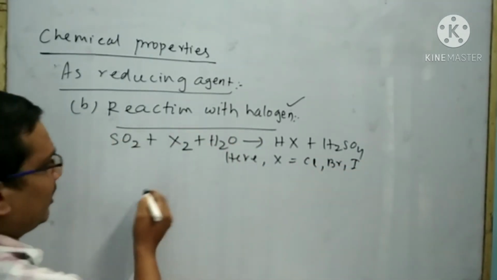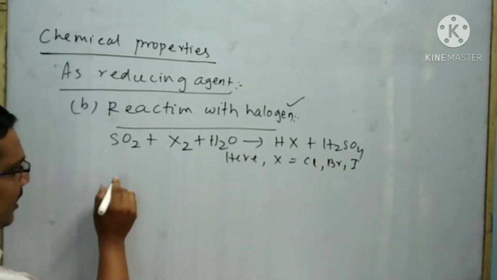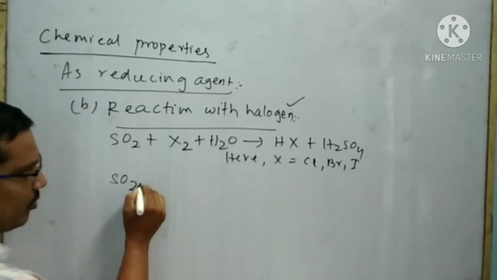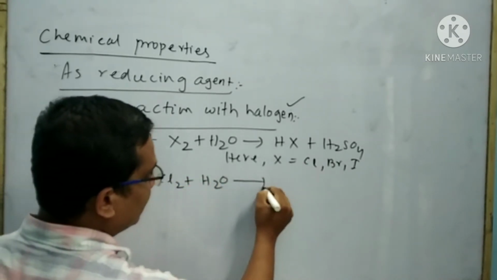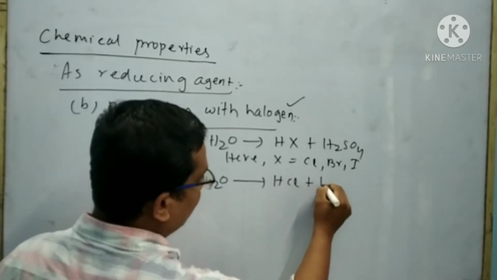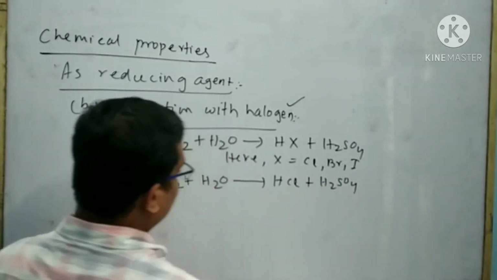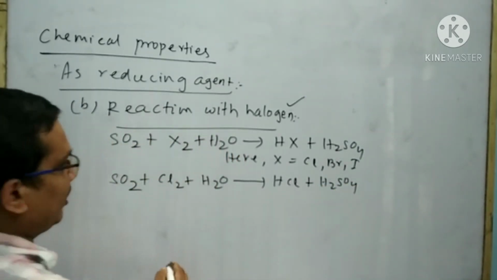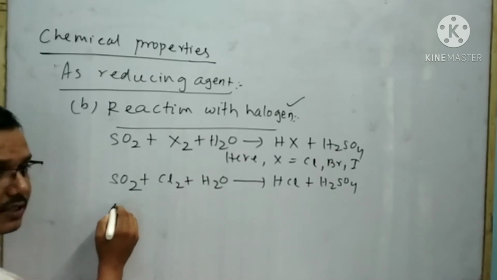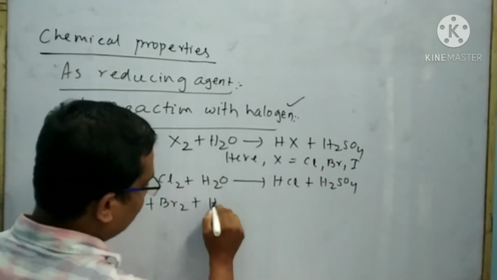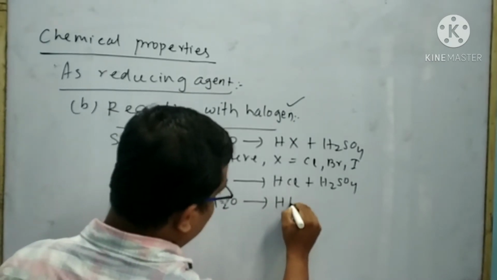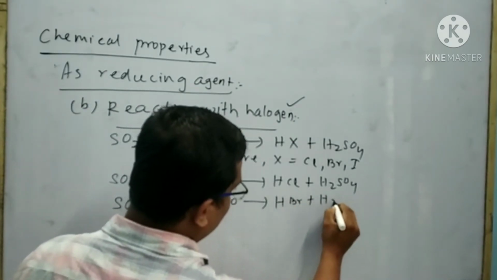Suppose I take chlorine, then I can write the reaction like this: SO2 + Cl2 + H2O gives HCl + H2SO4. Suppose I take bromine, then the reaction is SO2 + Br2 + H2O gives HBr + H2SO4.